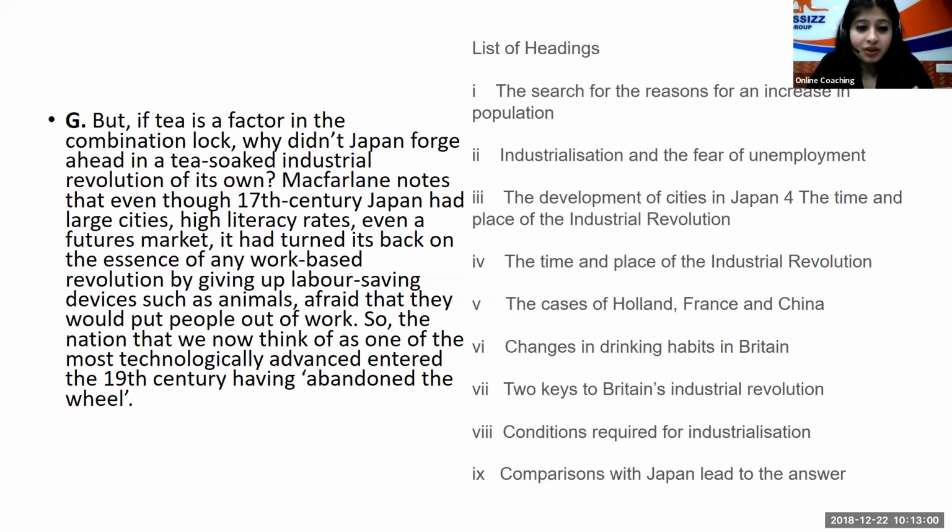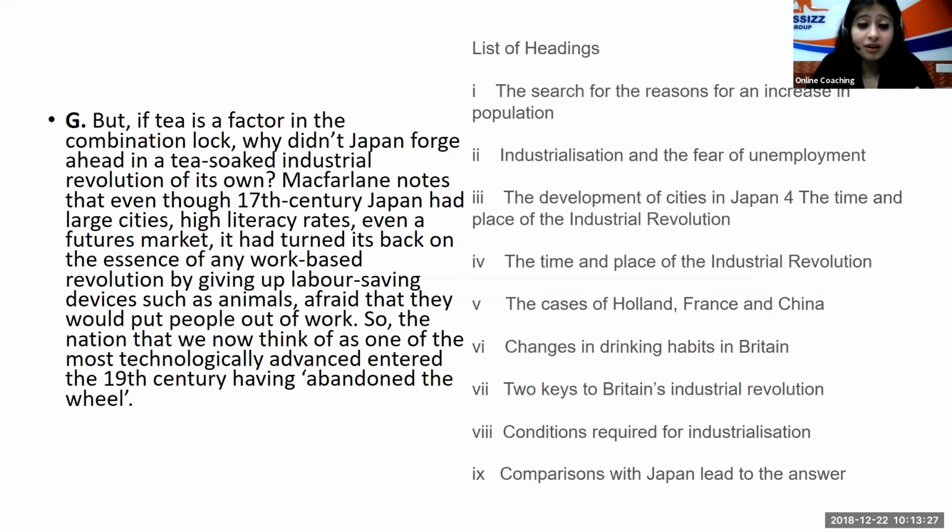Now, they said that, okay, Japan also had tea, but why didn't it get into its industrial revolution? Then he says that 17th century Japan also had a lot of things. Then why did it turn its back? Why did it not accept any work-based revolution by giving up labor-saving devices? Because they were afraid that they would put people out of work.